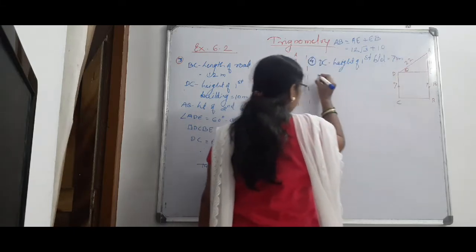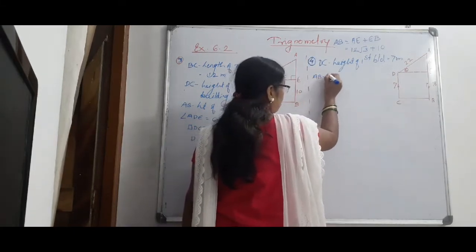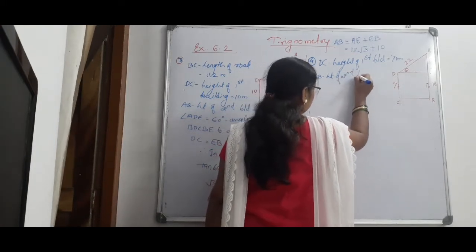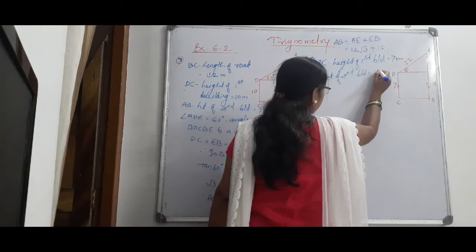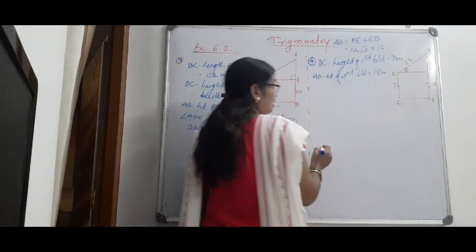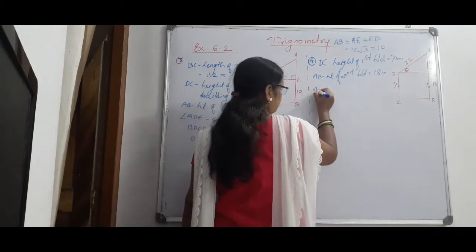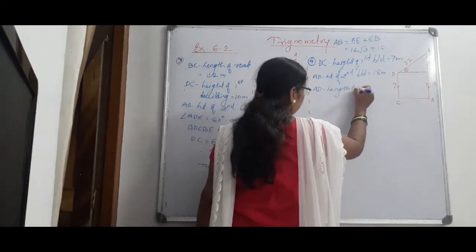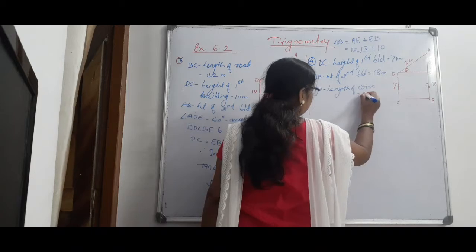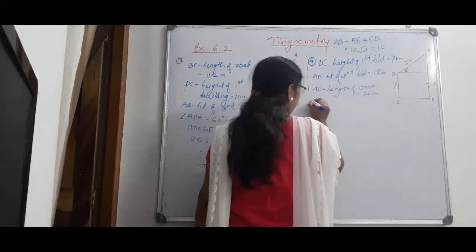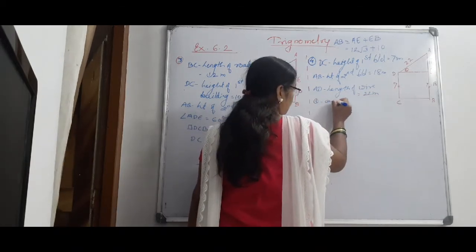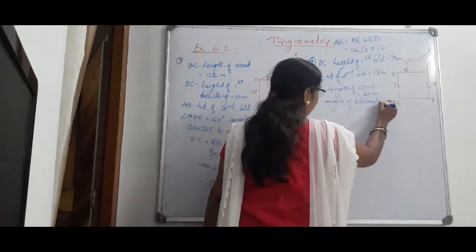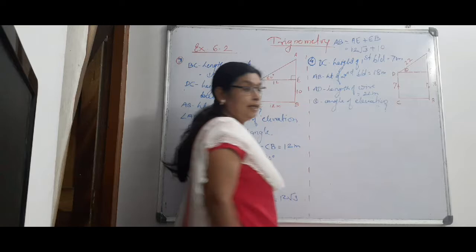Then AB, height of second building, that is given 18 meter. Then AD, length of wire, that is 22 meter. And theta, angle of elevation, that you have to find out first.